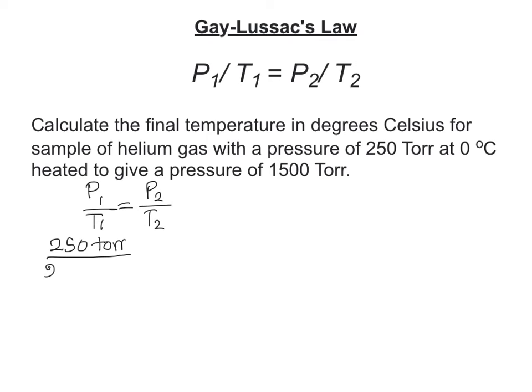So the starting temperature is 0 degrees Celsius or 273.15 Kelvin is equal to the final pressure would be 1500 torr over the final temperature.